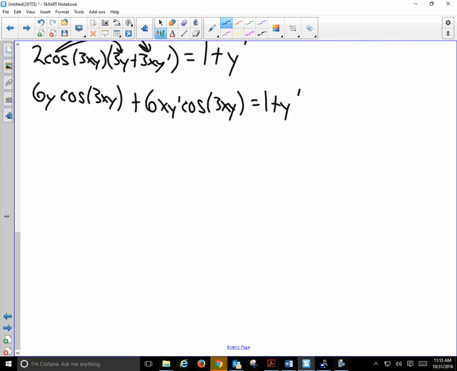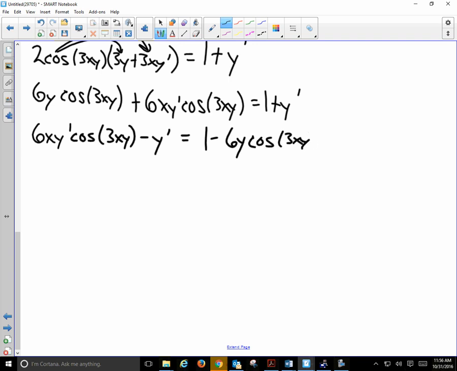Okay, so I got to get my y primes on the same side, right? So 6xy prime cosine of 3xy minus y prime equals 1 minus 6y cosine of 3xy. Now I can factor and divide, right?